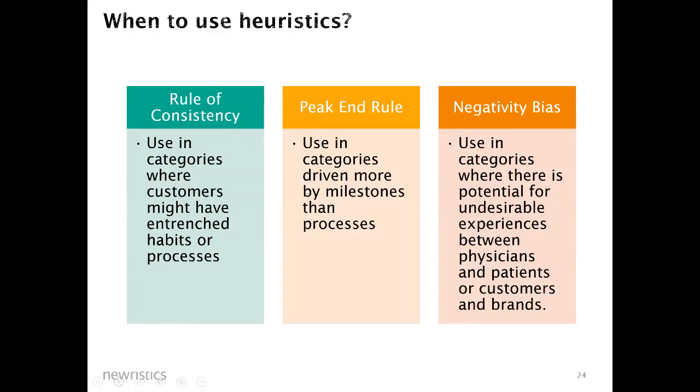If you're working in a category that is driven more by milestones than processes, in those categories, peak-end rule will be a friend of yours. You can define or create or own some milestones, find ways through marketing to associate your brand with milestones that can serve as peak experiences, peak memories, better than other brands can do in your category.